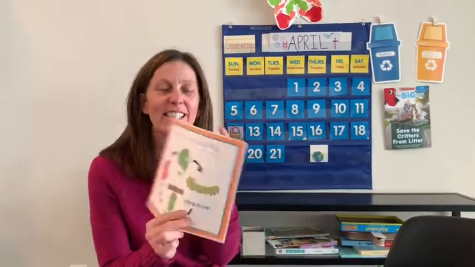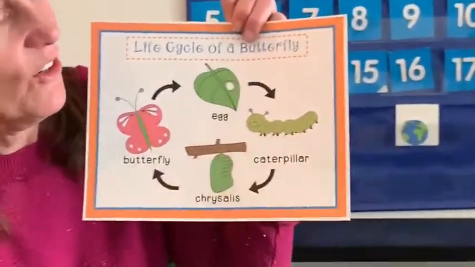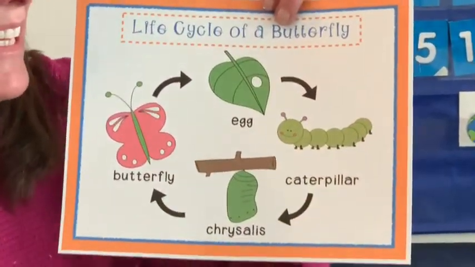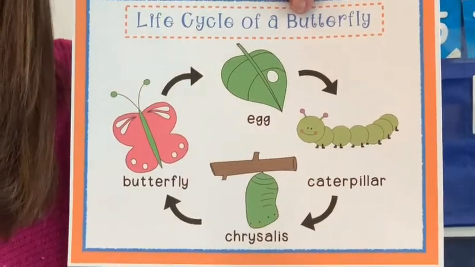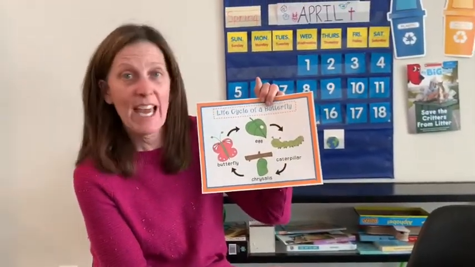But today we're going to talk about butterflies and the life cycle of a butterfly. I bet most of you know that they start out as a caterpillar, nice fuzzy, cute caterpillar here, crawling around. And they eat lots of stuff and get really fat and turn into a big caterpillar.